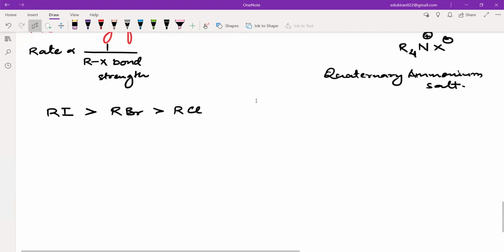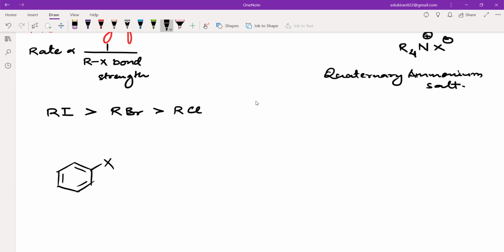Okay. So what if we have benzyl halides? What if we have benzyl halide? So if I have benzyl halide, something like this. Please remember, is this a benzyl halide?